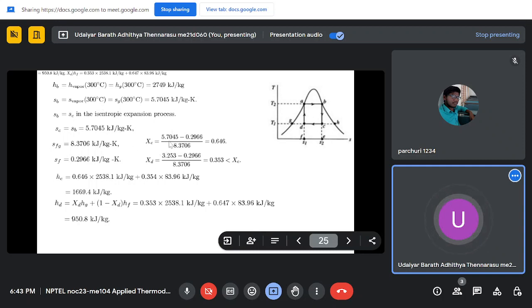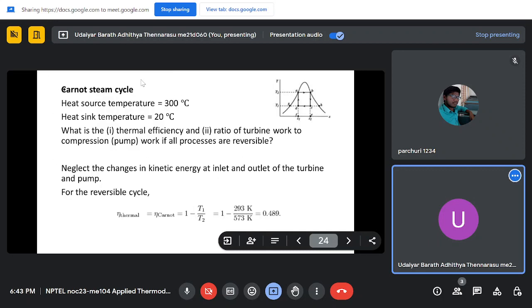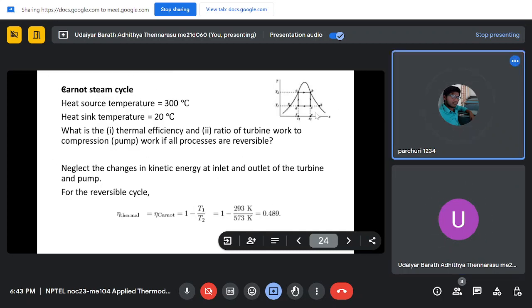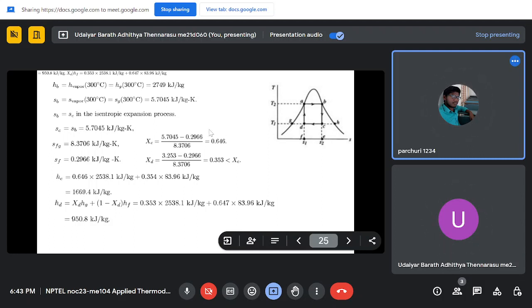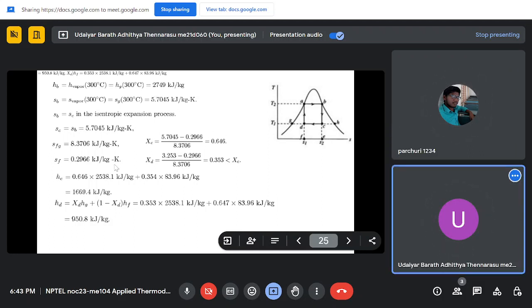I think HA is missing, I guess. I think somewhere I missed it. Okay, I'll add that. Where is the HFG, sir? HFG for what? For T1 or T2? T1, sir. Okay, I'll add that. HC, HD are there, HB is there.